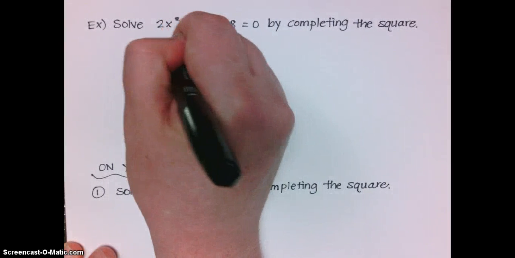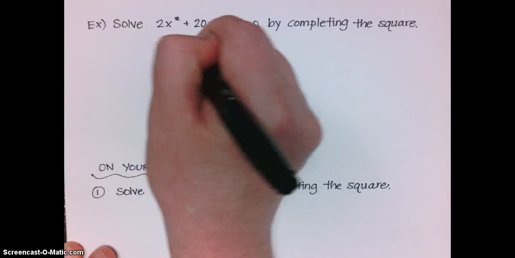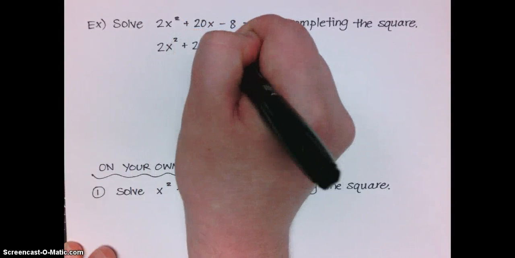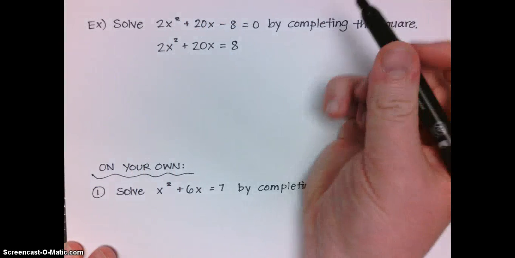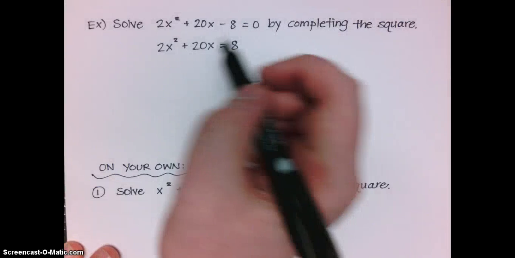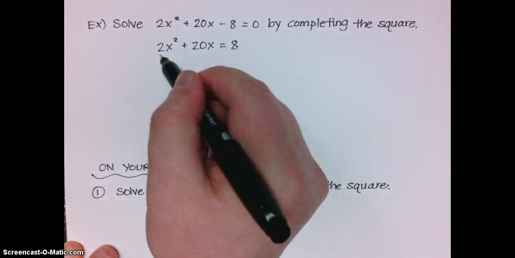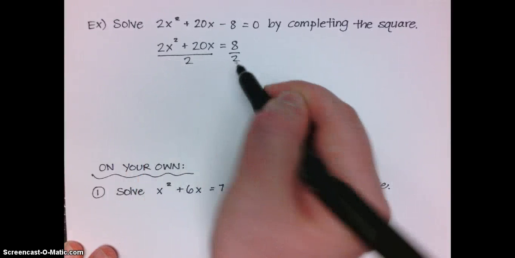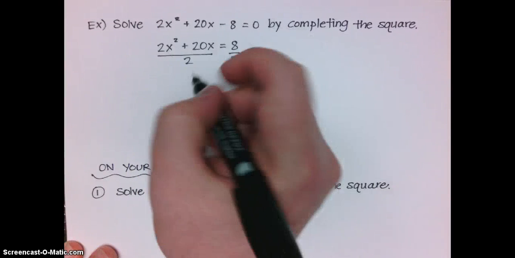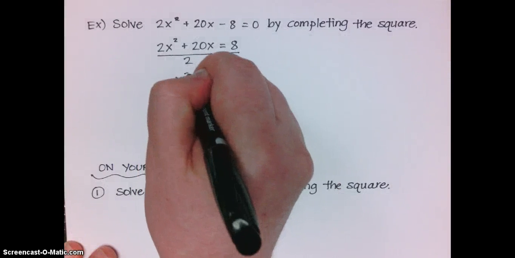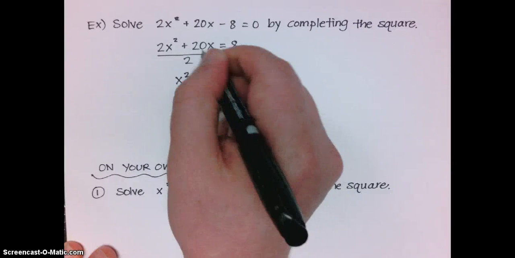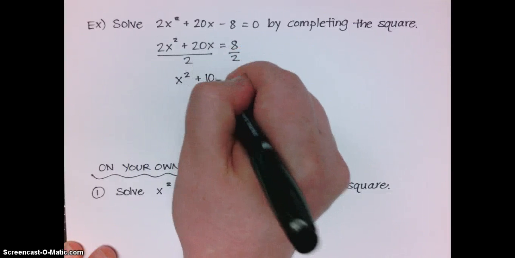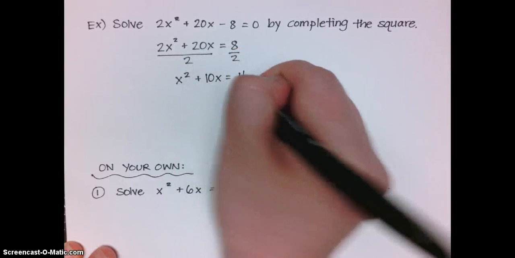So I'm going to have 2x squared plus 20x is equal to positive 8, because I'm going to add 8 to both sides. And look here, to get rid of this 2, I can divide everything by 2. So now rewriting it, I'm left with x squared plus 20 divided by 2, which is 10x, is equal to 4.